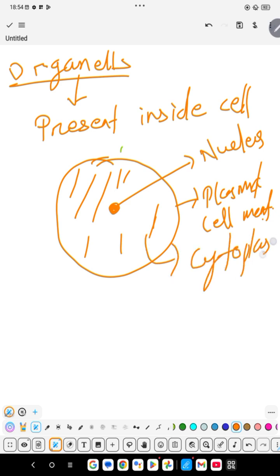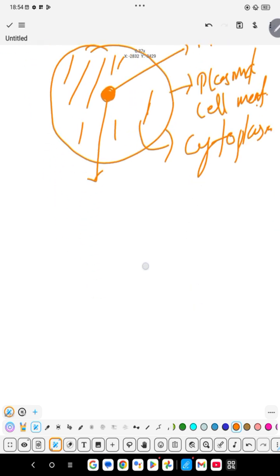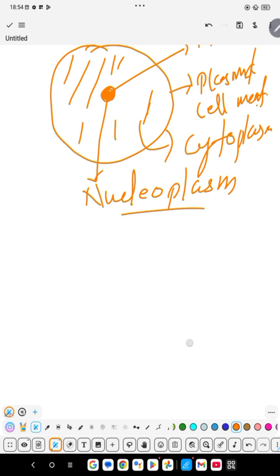And one more thing, remember that inside the nucleus there is a liquid matrix present, which we call the nucleoplasm. For now have this much information. As we move through the chapter, I will introduce you to more cell organelles.